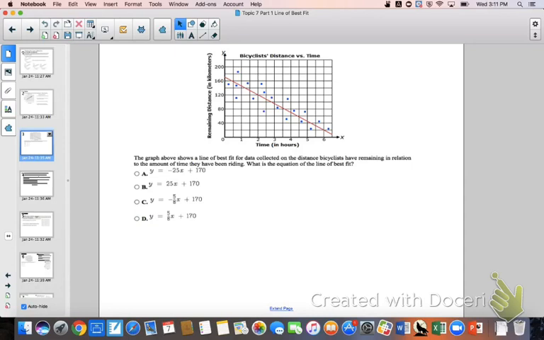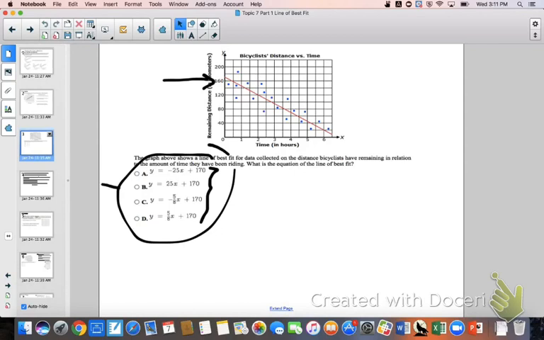Next, the graph above shows the line of best fit for data collected on the distance bicyclists have remaining in relation to the amount of time they have been riding. What is the equation of the line of best fit? If you compare all of these, they all have 170 for the y-intercept, which correlates to the graph. Two of them have a positive slope and two have a negative slope.